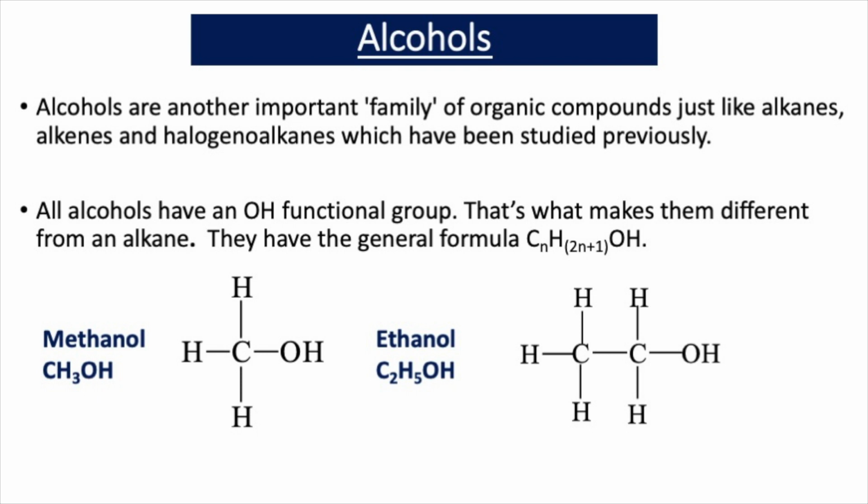Alcohols have the general formula CnH2n+1OH, and the first two members of the alcohol family are drawn here. Methanol has a formula CH3OH, and ethanol has a formula C2H5OH. Both are alcohols because they contain the OH functional group.